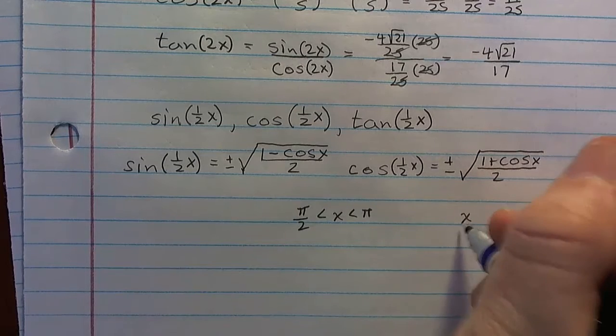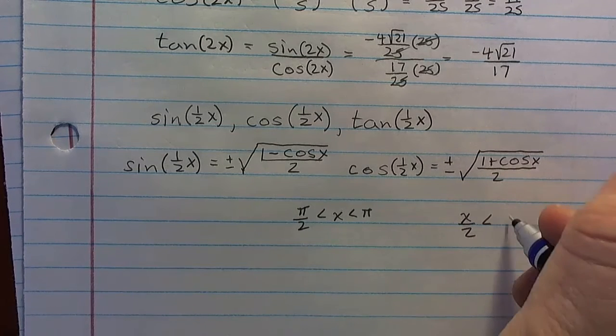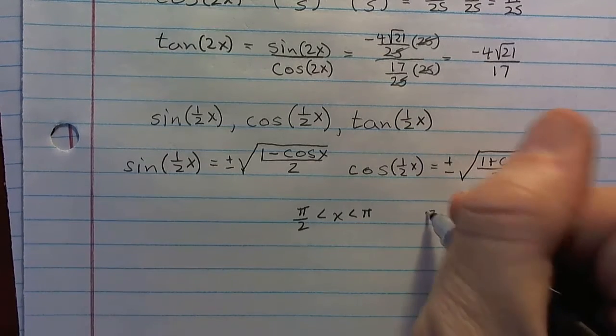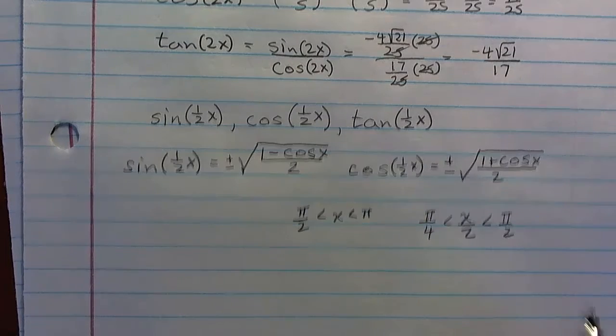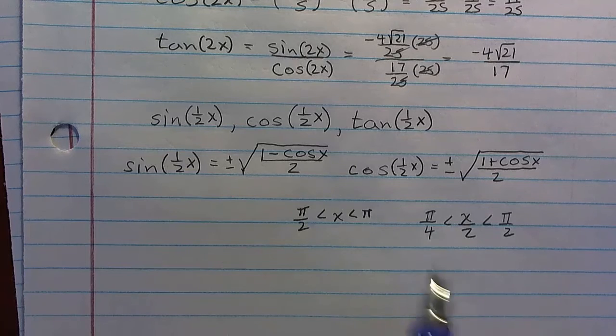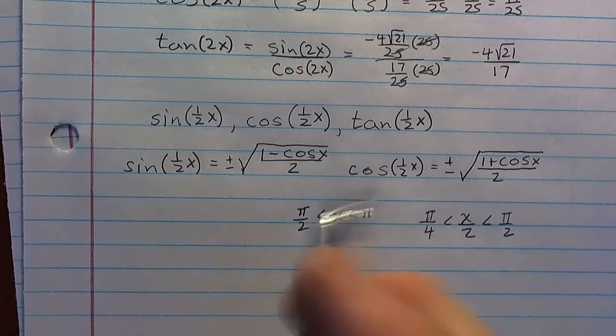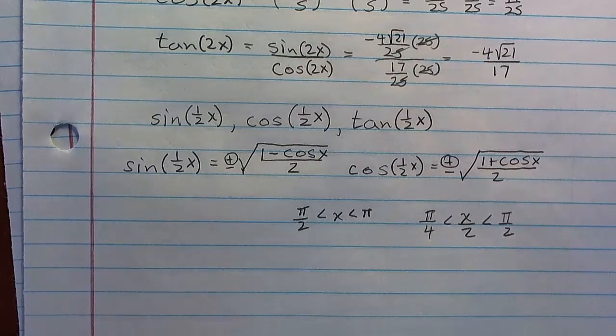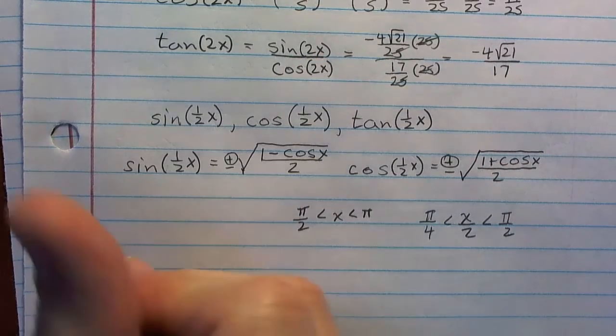I get that x over 2 is less than pi over 2, just dividing through by 2, less than pi over 4. So it looks like x over 2 is in quadrant 1. That being the case, everything is positive. So I'm going to use the positive one. And then this is easy now.